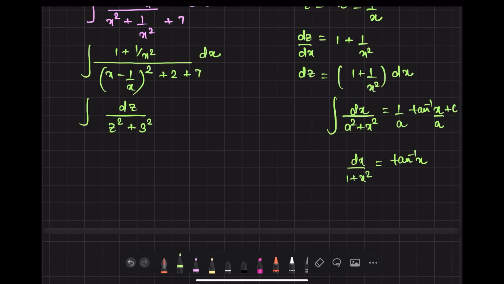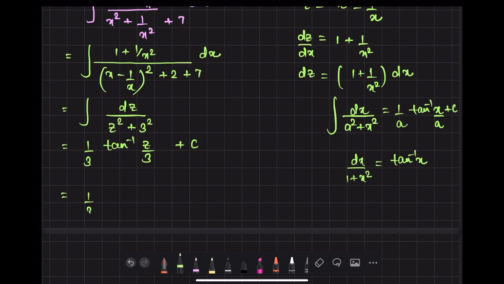Now can I write this thing in the same way? We have 1 by 3 tan inverse z by 3 plus c. You know that they have given you the question in terms of x, so you should answer in terms of x as well. So you have to replace this z.